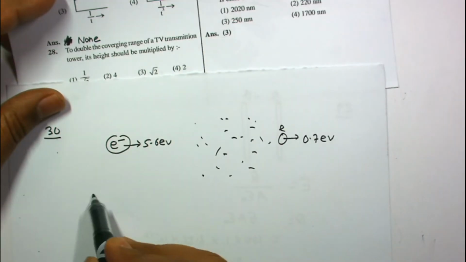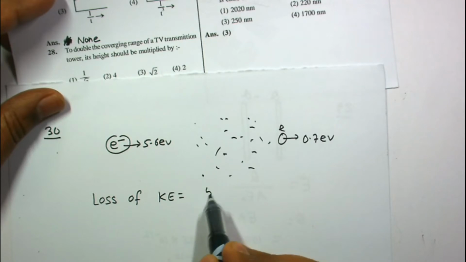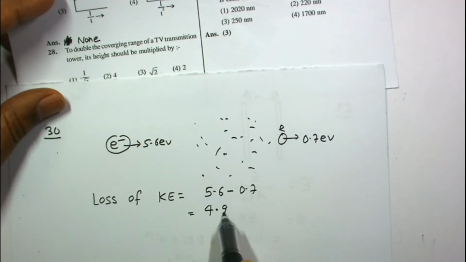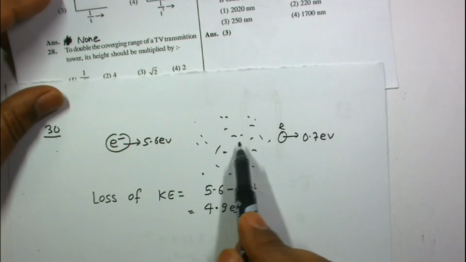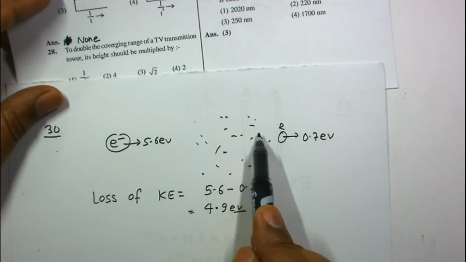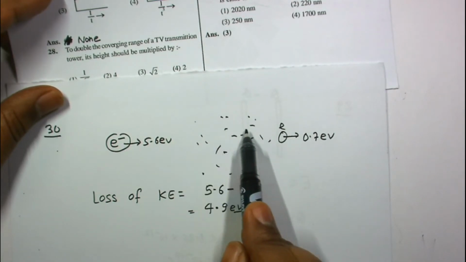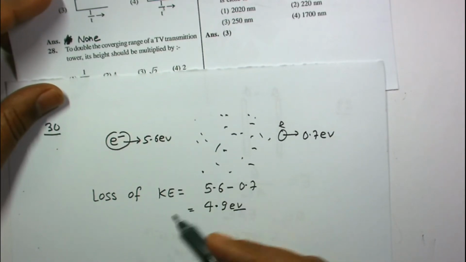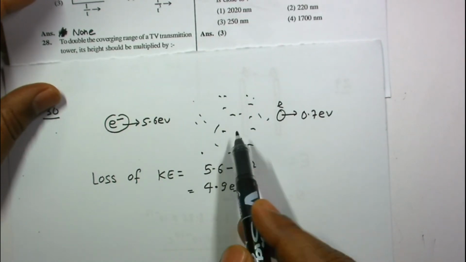That is, loss of kinetic energy is 5.6 minus 0.7. This is 4.9 electron volt, and this kinetic energy must be used by the vapor atoms to excite their electrons. And when electrons are excited, when they return back they emit some radiations, some wavelengths of photons, which we have to calculate.